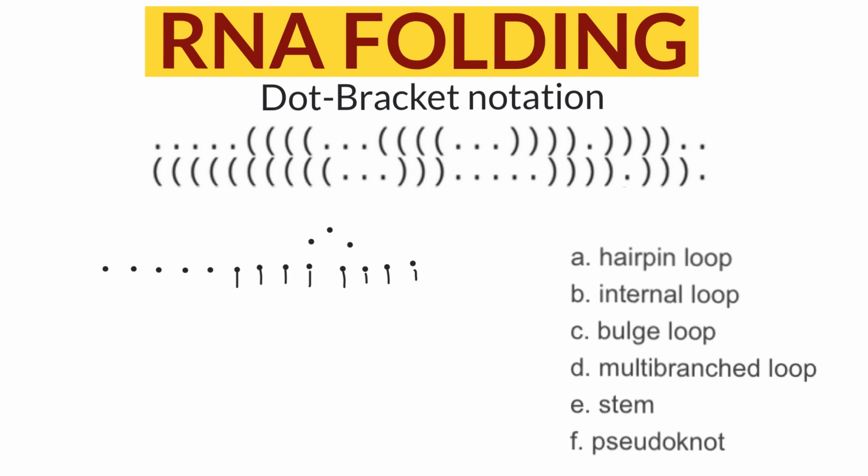So 1, 2, 3 unpaired nucleotides, and 1, 2, 3, 4 paired. Then 1 unpaired, and 1, 2, 3, 4 paired, and 1, 2 unpaired.